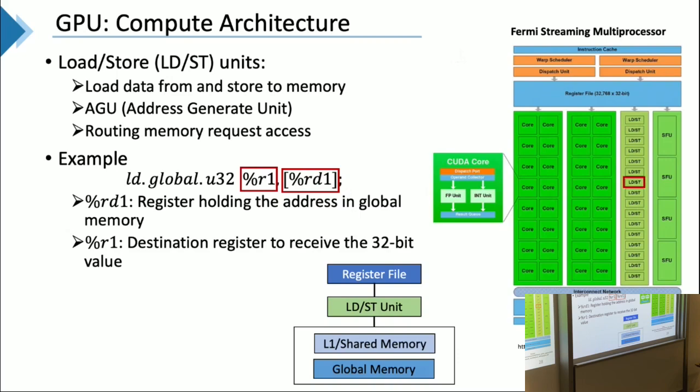And R1 is the destination register to receive, for example, these 32 bits, because here you use U32. It's a 32-bit value. So this is just an example of the function of this load store unit.